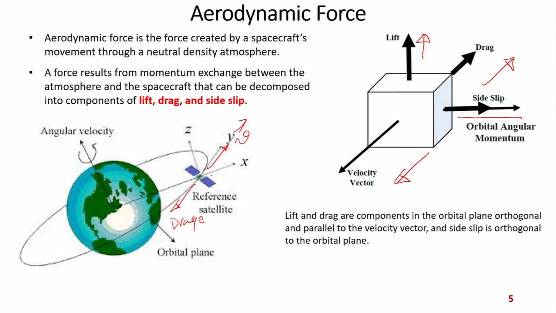These two forces are in the orbital plane, and this is the lift force. Perpendicular to these two forces as well as to the orbital plane, which is also in the direction of the angular momentum, this is the side slip.